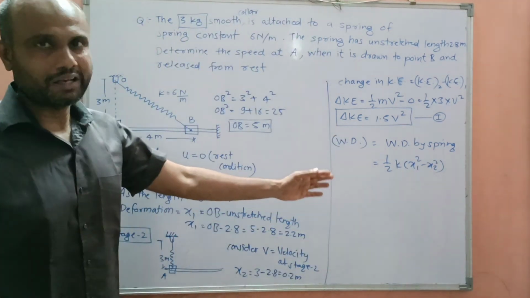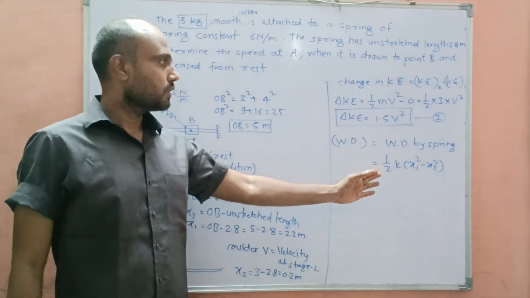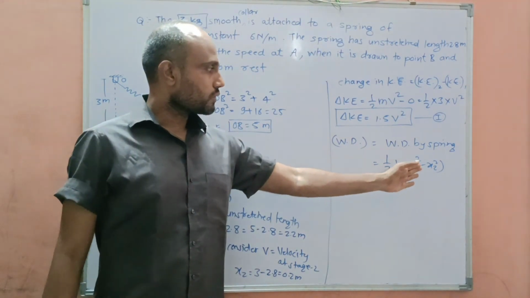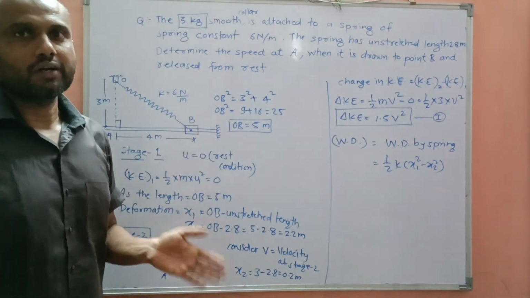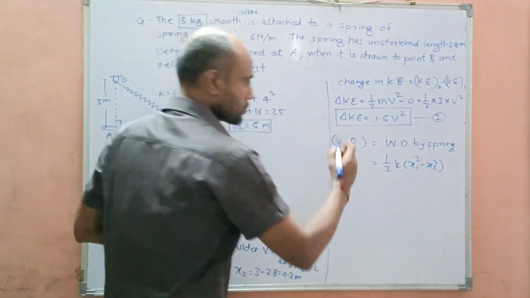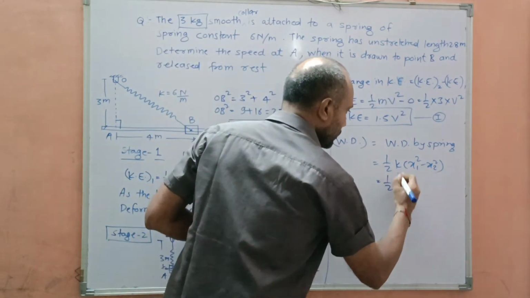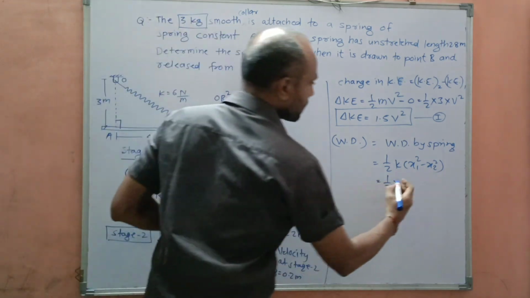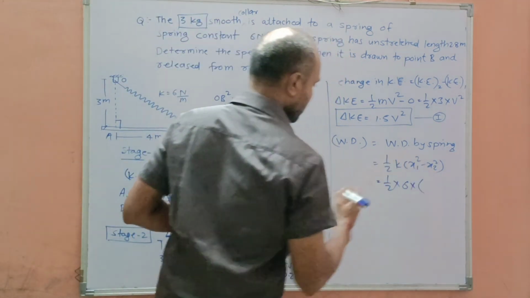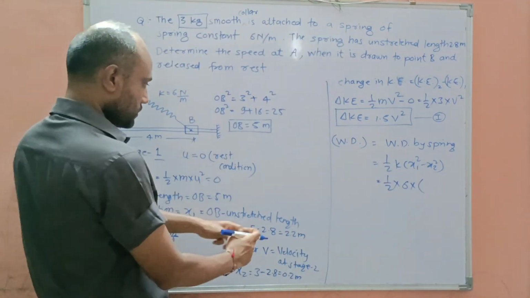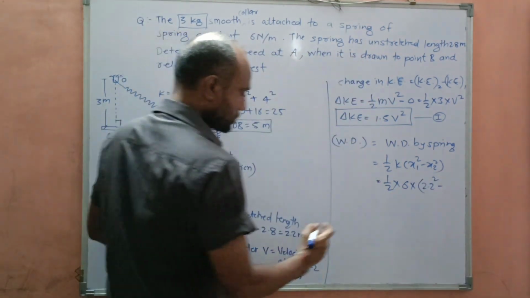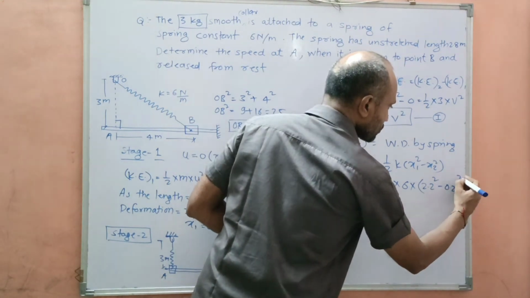This is the formula to calculate the work done by spring, where x1 and x2 are the deformations at point 1 and at point 2 respectively. So 1 by 2 into k, which is given as 6 Newton per meter, into (x1 which is 2.2 square minus x2 which is 0.2 square).